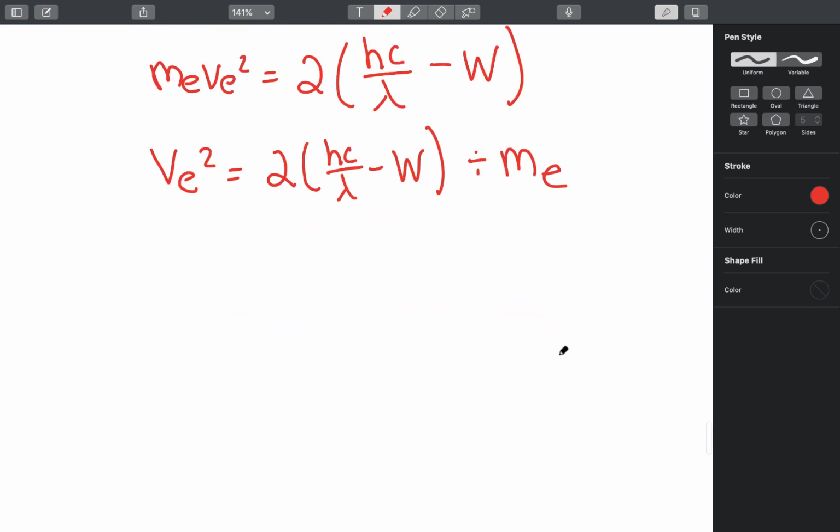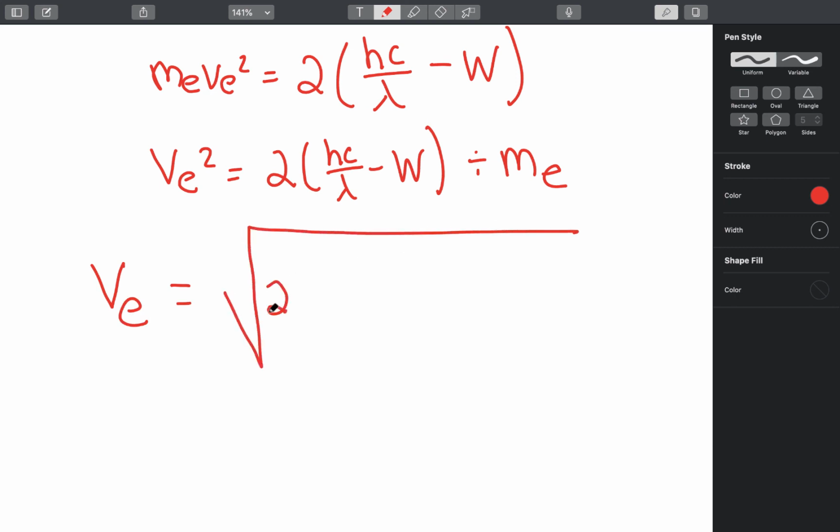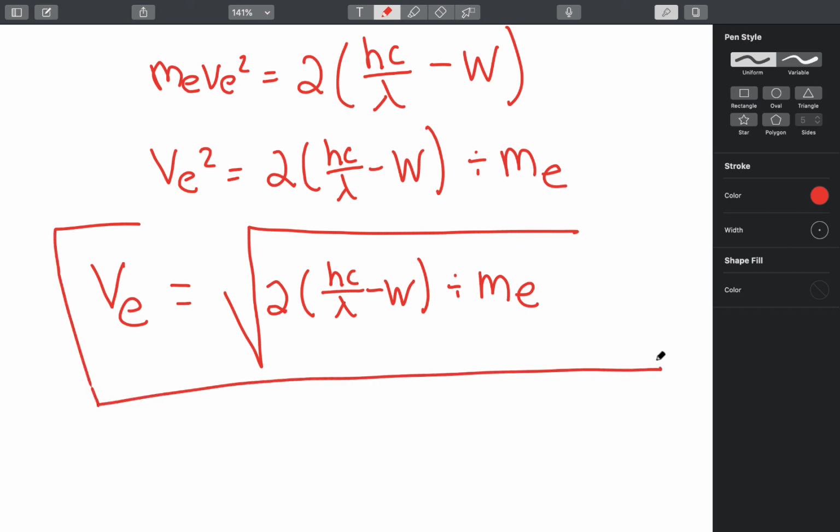And then you take the square root of both sides, giving you v is equal to the square root of 2 times hc over lambda minus W, divided by the mass of an electron. And this will give you the velocity of your electron leaving the metal block.